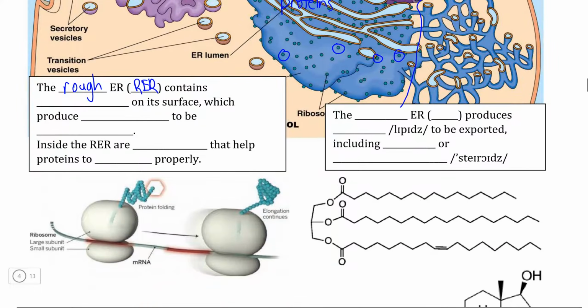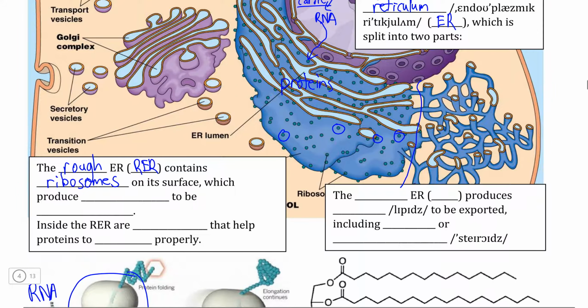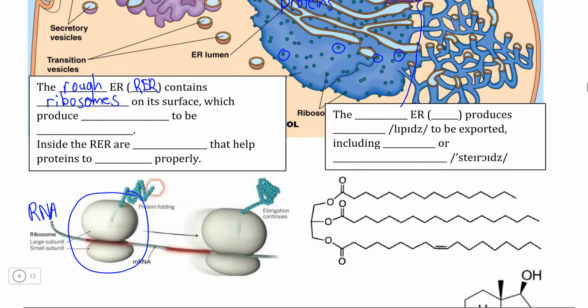Those little green dots, if we zoom in on one of them, would look like this, and these are, of course, one of the most important organelles in the cell, your ribosomes. The job of a ribosome is to take the RNA that is released out of the nucleus that carries information from your DNA, and the RNA is fed through a ribosome.